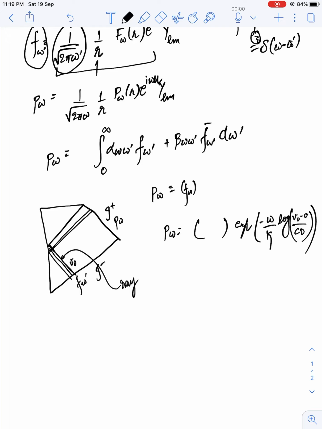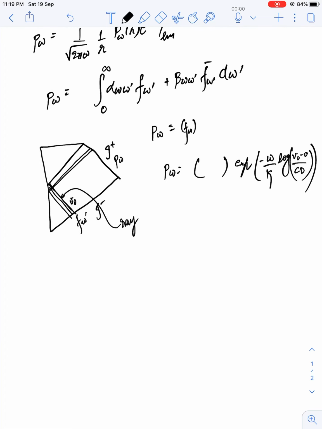These constants won't play any role. And there is an issue here. We get this equation, and this equation is only valid for v very close to v naught, and v has to be less than v naught. For v greater than v naught, we won't get any p omega.